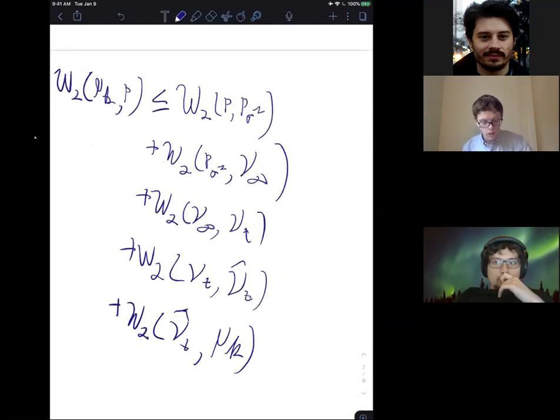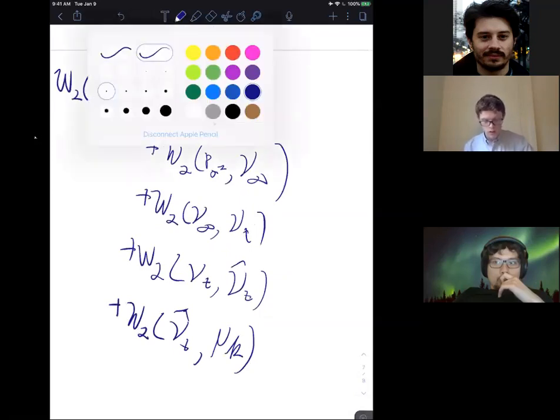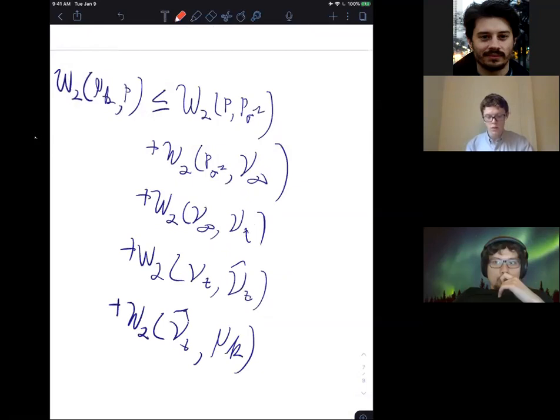So what do we note immediately? Well, this term, we already decided that nu infinity and p sigma squared were the same, so this goes away.